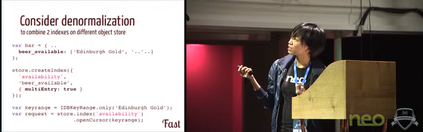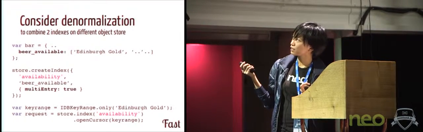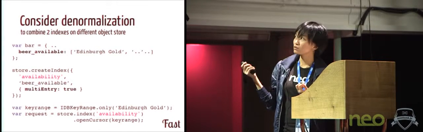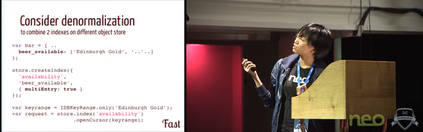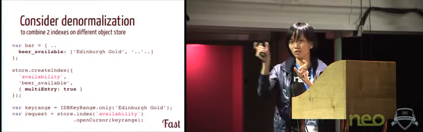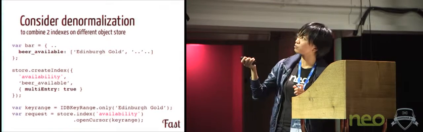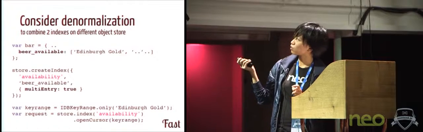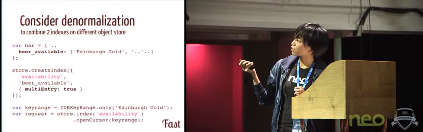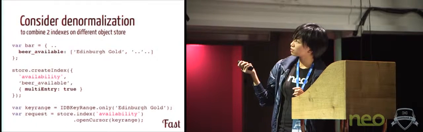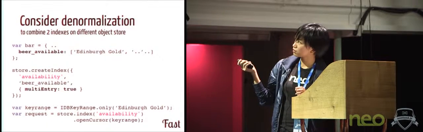And then we can create an index of type multiEntry: true. This index is going to break down this array into each value, and for each value, it's going to map it to the key of a particular bar. Then we can select it in one go. Here, I set the key range to only get this particular beer name. In this particular index, I can select it.